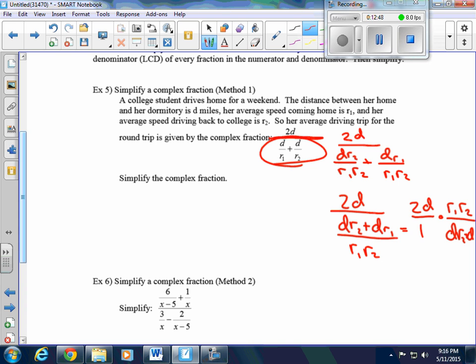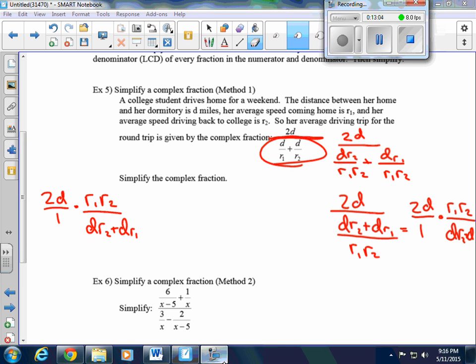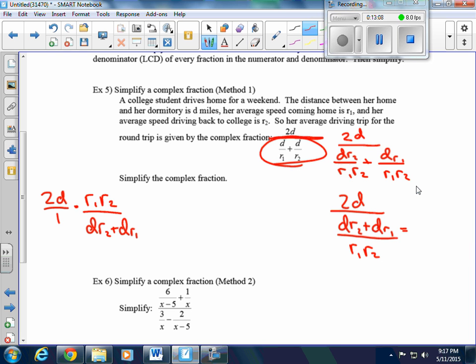Let's move that over here. So 2d over 1 times r sub 1, r sub 2 over dr sub 2 plus dr sub 1. Okay. So we're just going to move that over here.